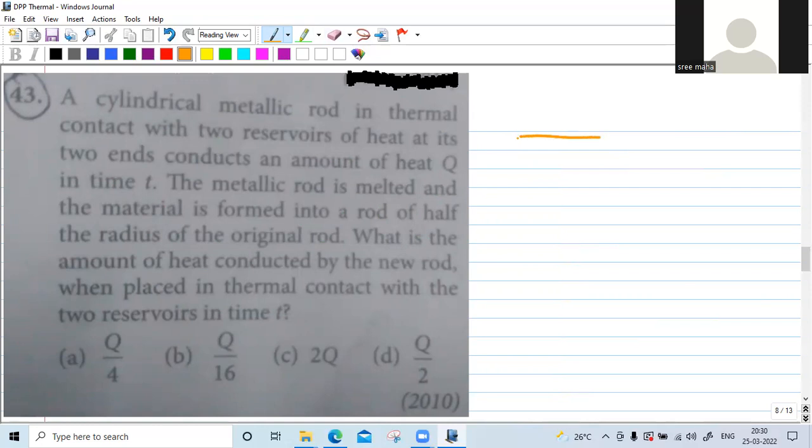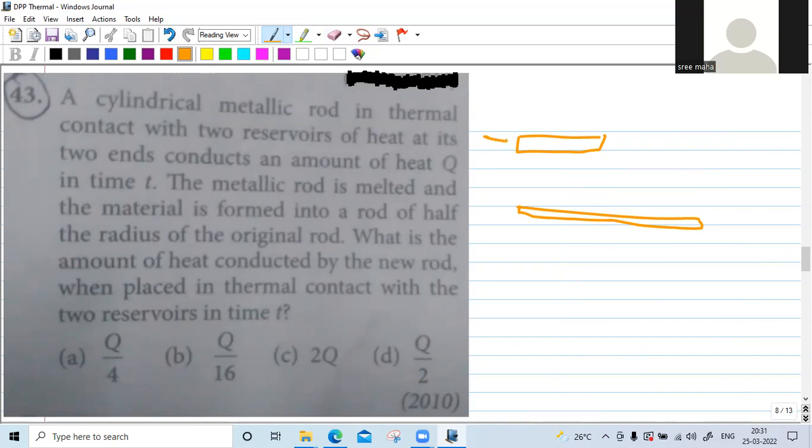In the first case, it's like this. In the second case, the rod is longer and thinner.